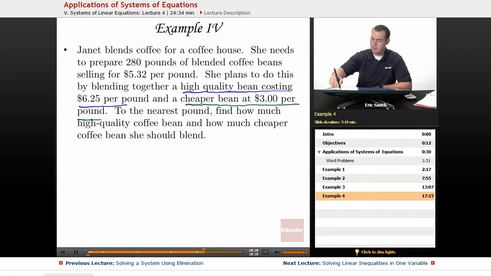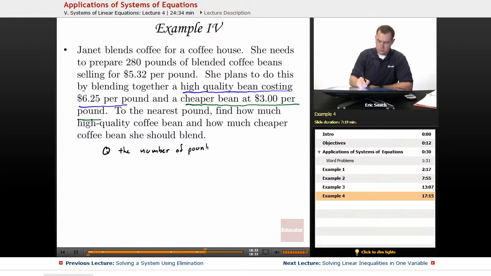Alright, let's set down some unknowns, see if we can figure this out. I will call Q the number of pounds for our high quality coffee.